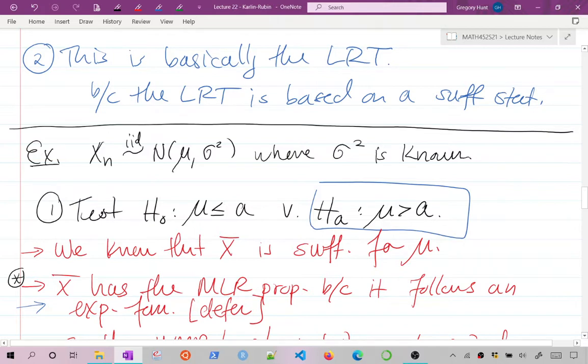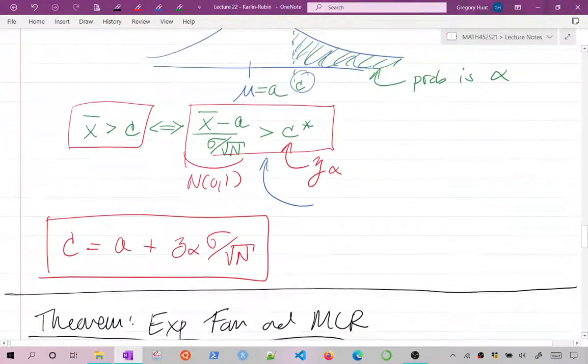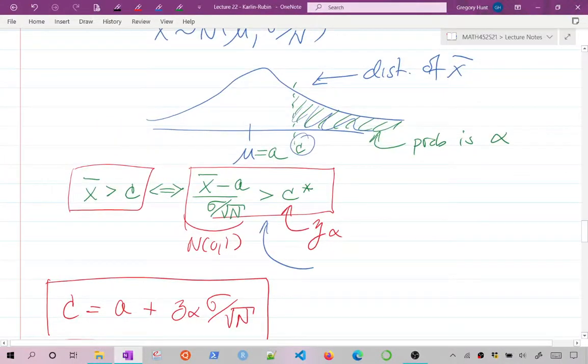So that's a nice little example, and it brings us back to intro stats. This is the test that you would develop in an intro stats course, the one-sided z-test, and according to Karlin-Rubin, it is the UMP level alpha test. So that nicely concludes things here.